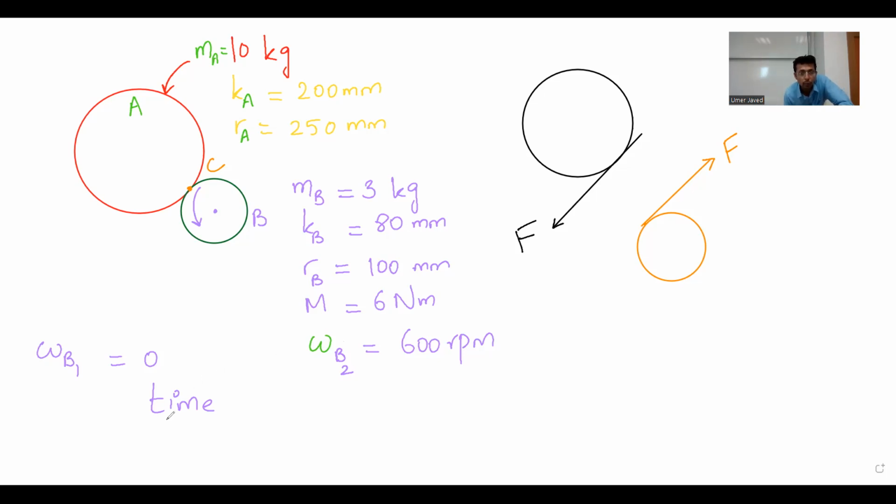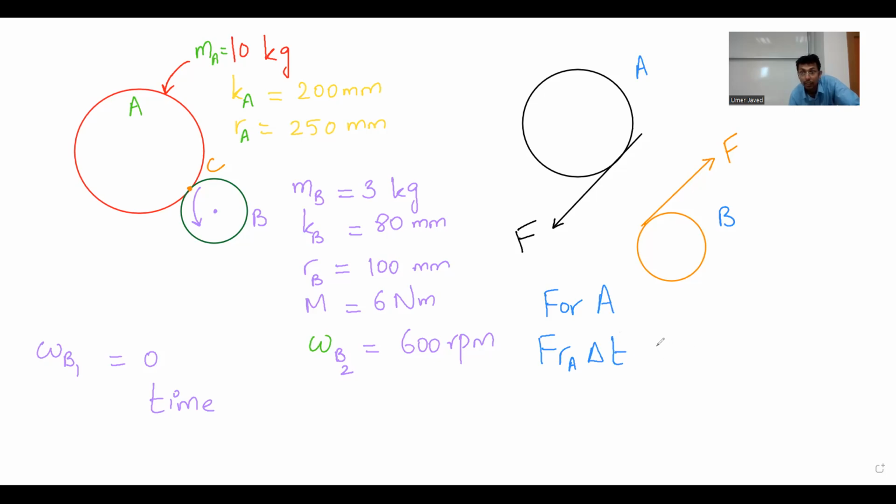Let me write one equation for you, and then you can let me know if this is clear or not. For A, let us say this is my A, this is B. I will have F multiplied by RA multiplied by delta T, right?